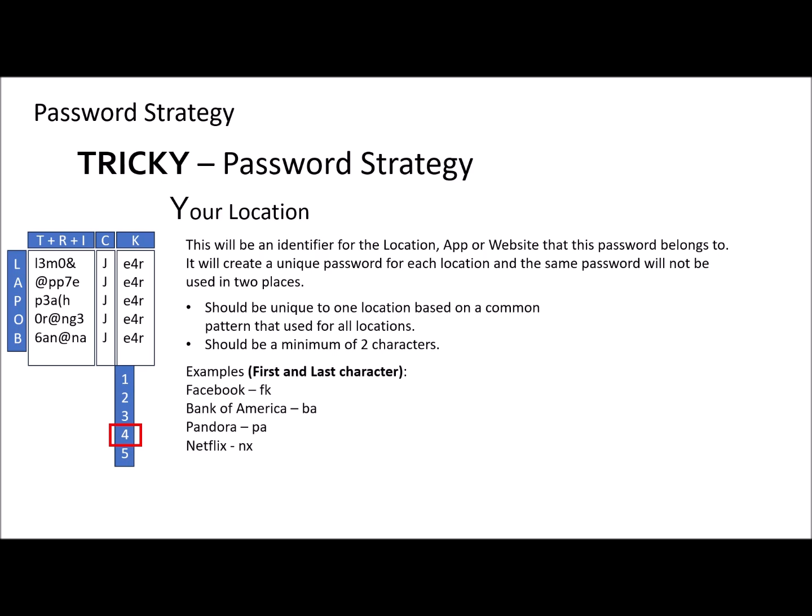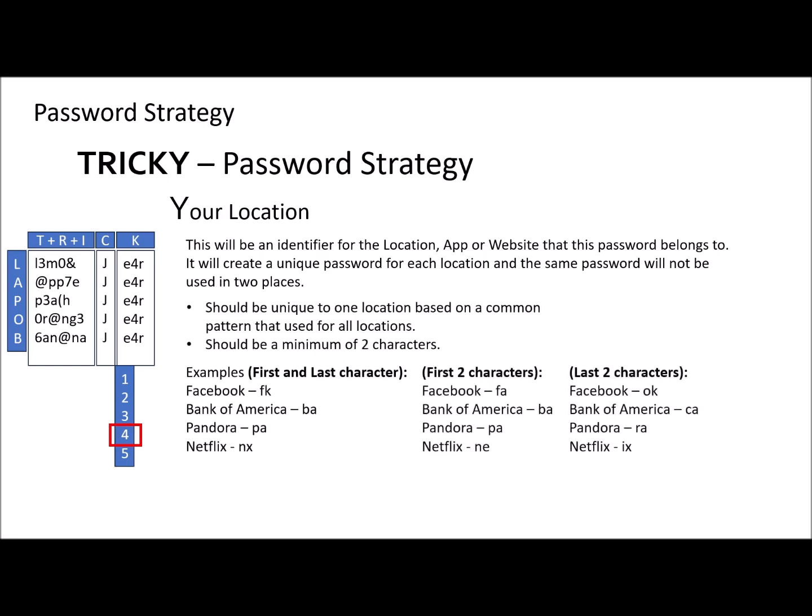So in the example of Facebook, it's FK, or Bank of America, BA. You could use any combination, but you have to keep that combination consistent in your mind. Always use the first and last character, or you can always use the first 2 characters, or you could always use the last 2 characters, or whatever works for you. In this instance, we're going to use the first and last character.